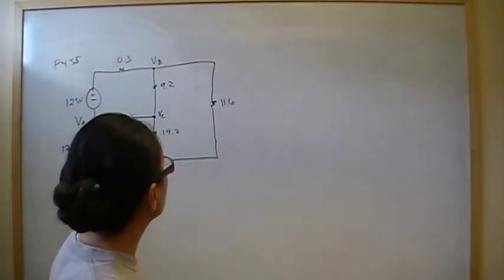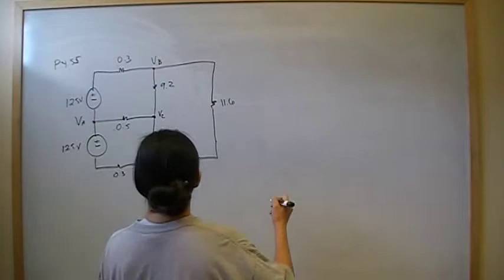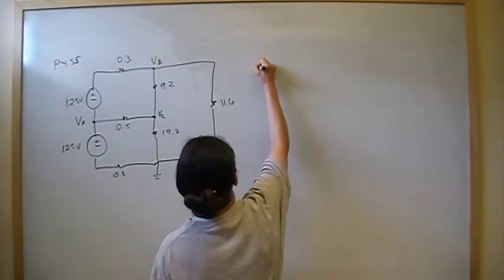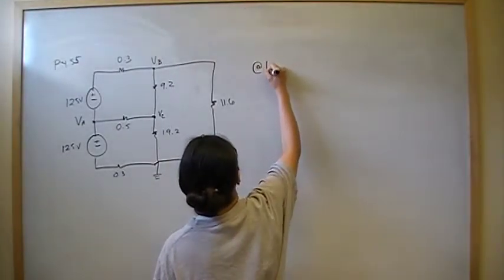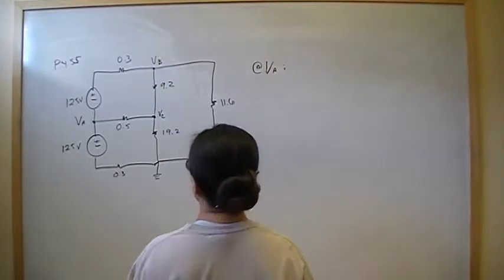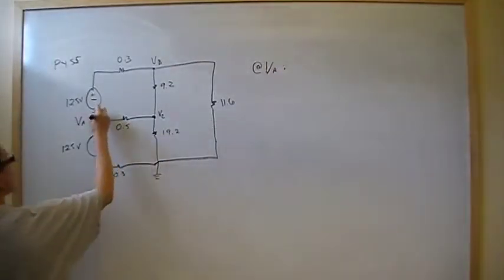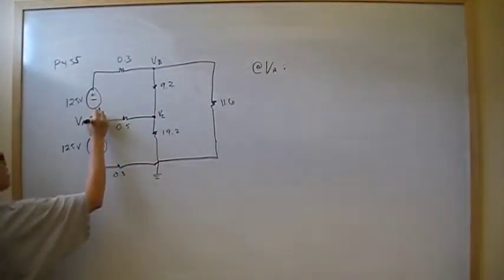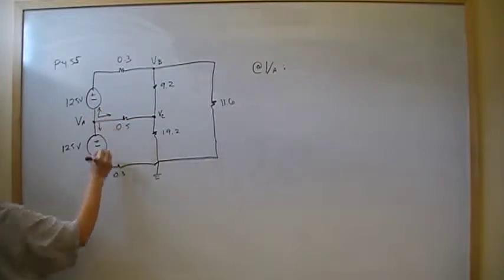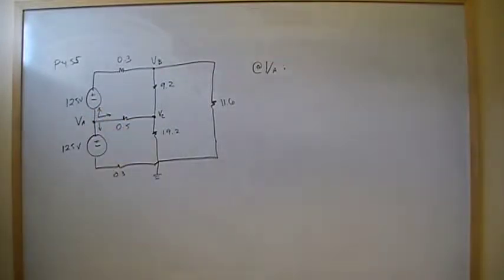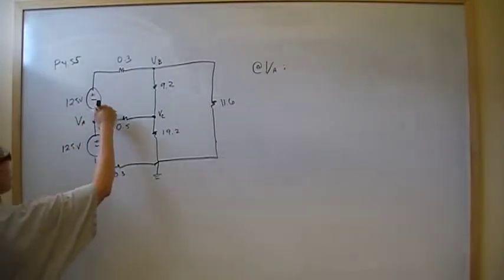Okay, so let's start writing our node equations. We're going to start at the hardest node of all, the node at VA. Remember, node voltage takes advantage of KCL. We're looking at the sum of the currents leaving the node, which must equal 0. So let's take a look at this current here.